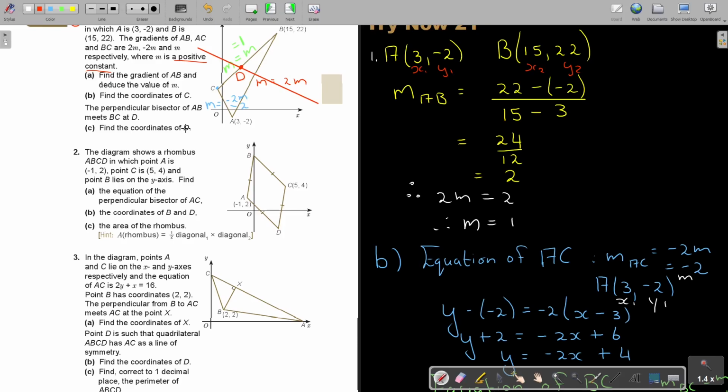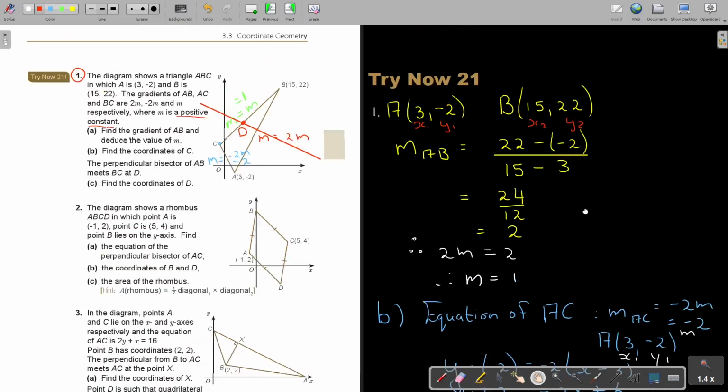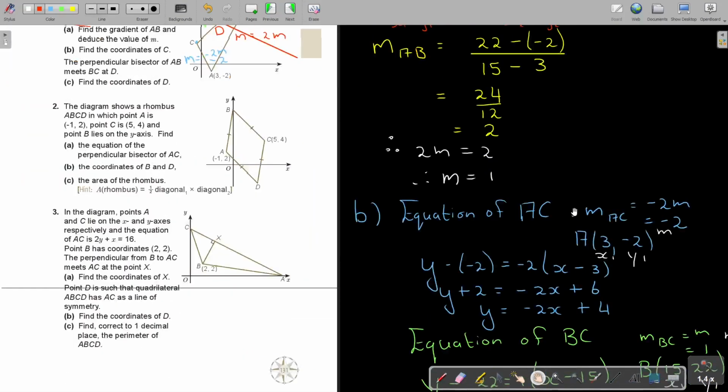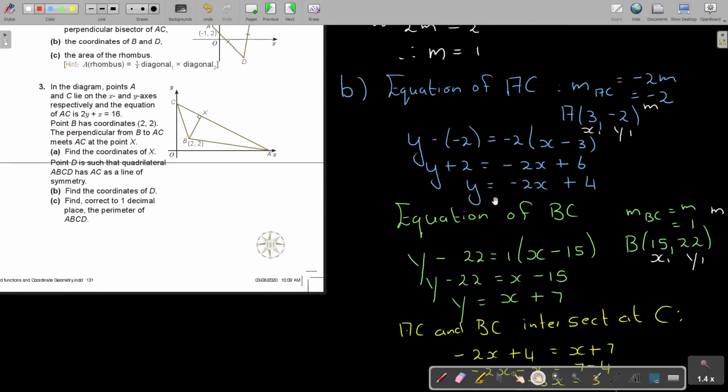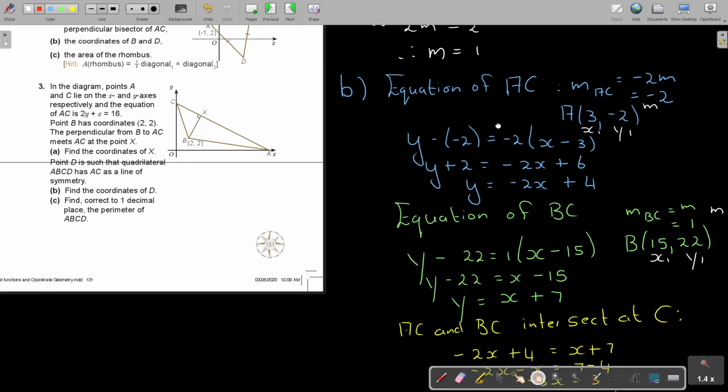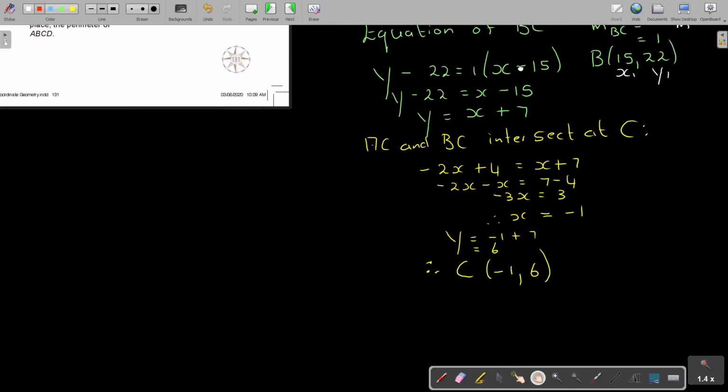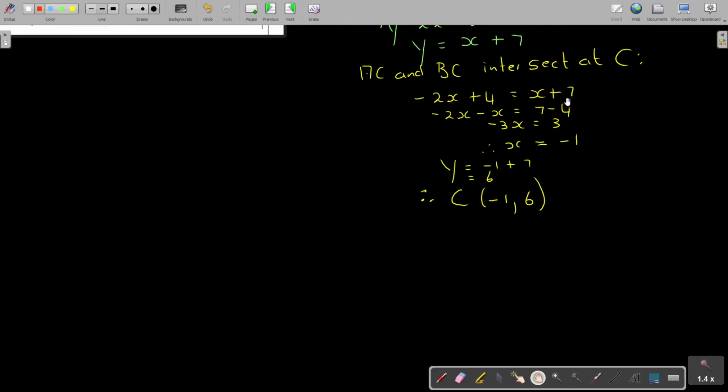Now, again, I'm going to first find this midpoint. Well, actually, I'm going to first find the perpendicular bisector. And as soon as I have the perpendicular bisector, do I have BC? Let's just look. Yeah, we have the equation of BC. And then we can solve it simultaneously to get D. I must leave all these things on, so just follow me.